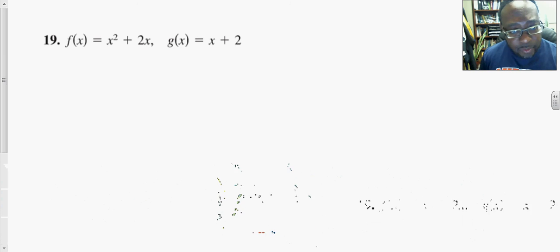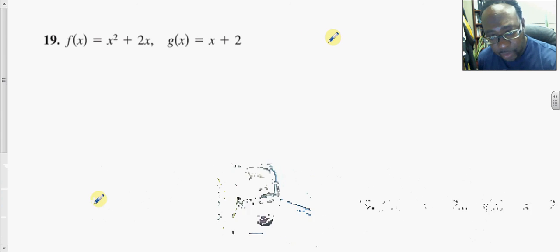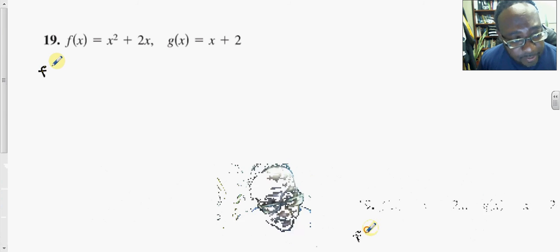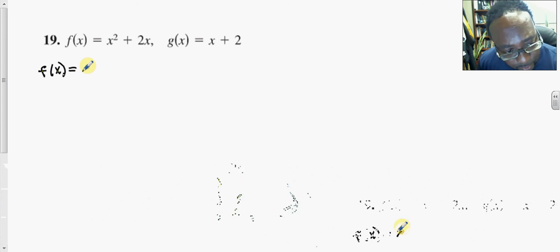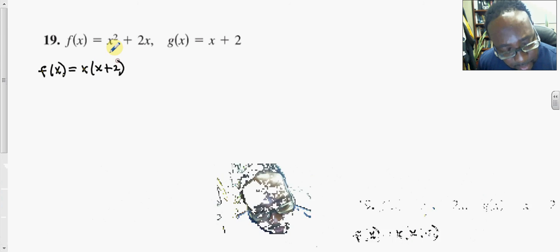So here, the previous two problems, they told us something over here, x equal to something, x equal to something else. Well, on this guy, they don't. So in order to graph, we need to do some preliminaries. Now, this f of x, if you factor out an x, this is x times x plus 2.